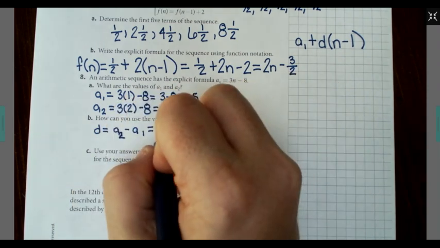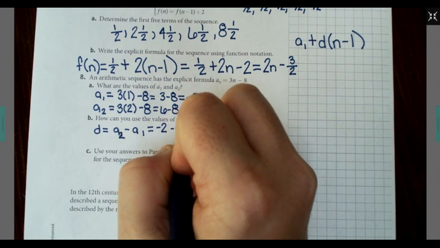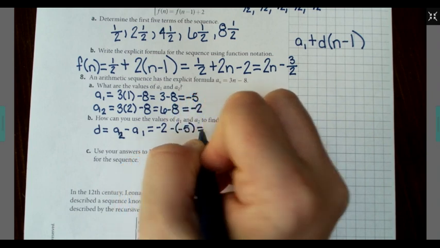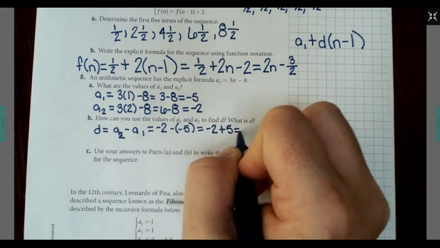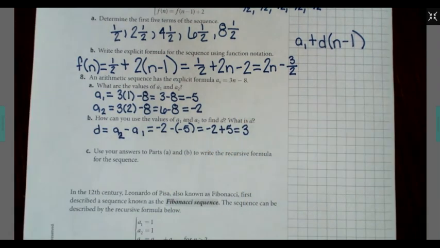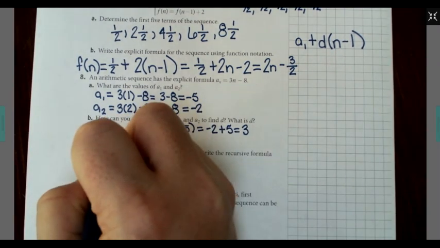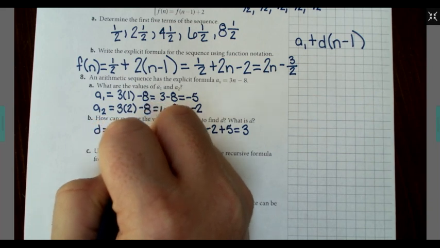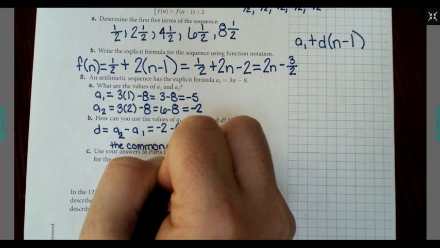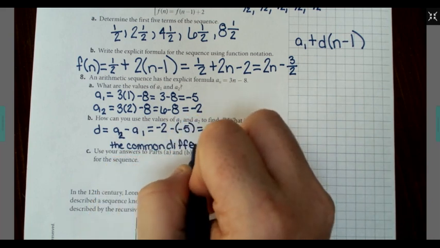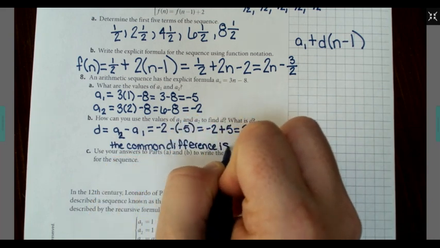So A sub 2 is negative 2 minus a negative 5. So we've got negative 2 plus 5 equals a positive 3. So to go from one number to the next, I'm going to add 3 each time. So our common difference is 3.